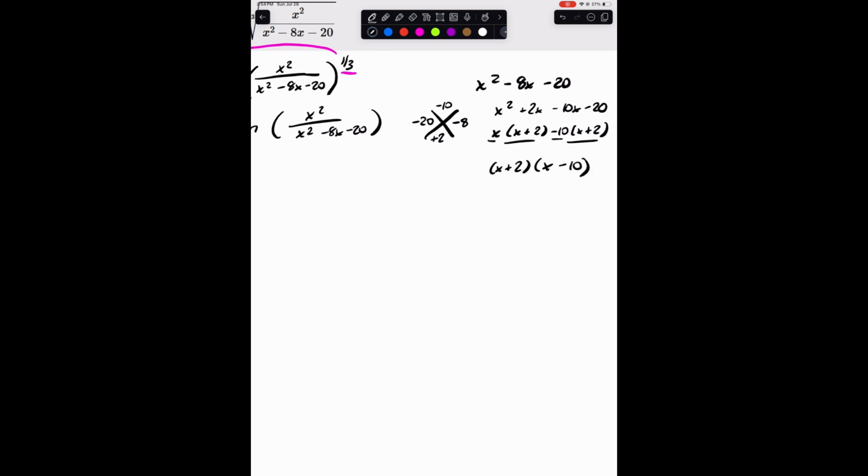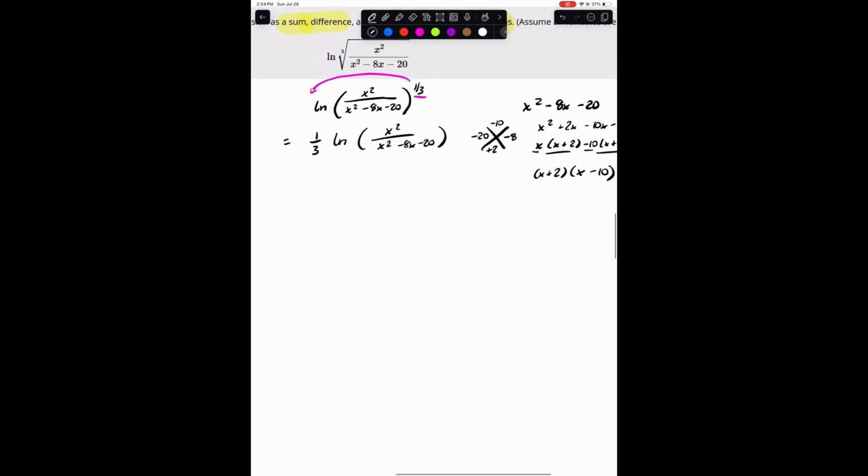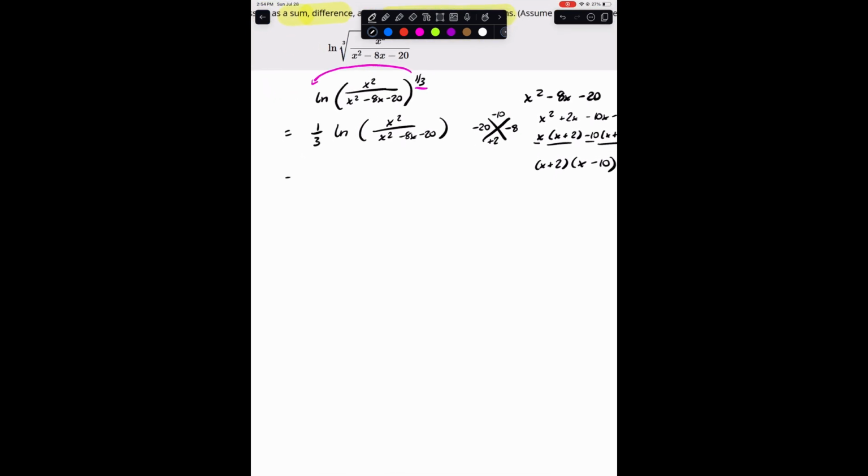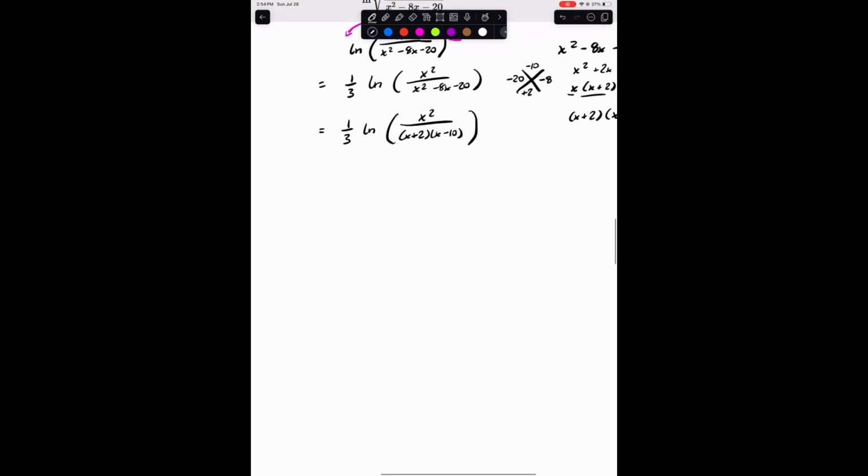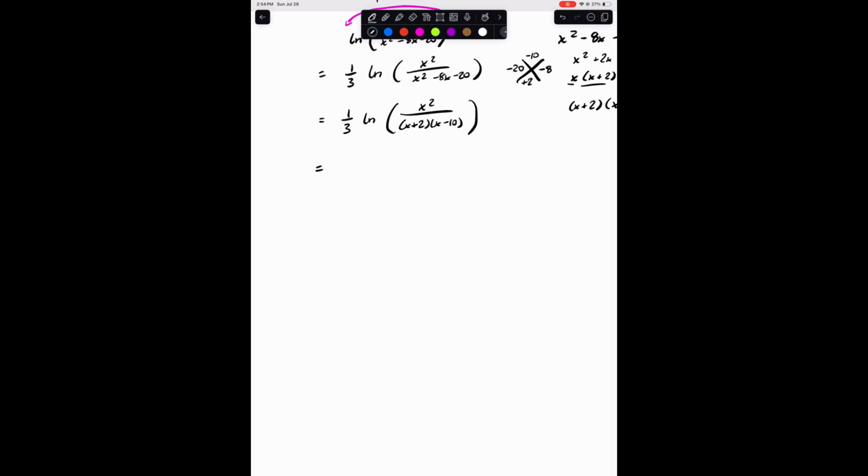Okay, so this is our denominator. So we get 1/3 natural log x squared over x plus 2 x minus 10. Now from here, we're going to use the fraction law, right? So 1/3 natural log x squared is in the numerator, so we will keep it positive, but the whole term positive, that is.